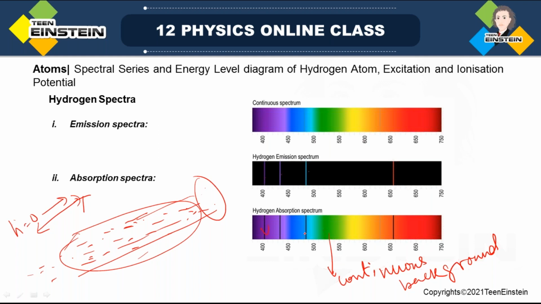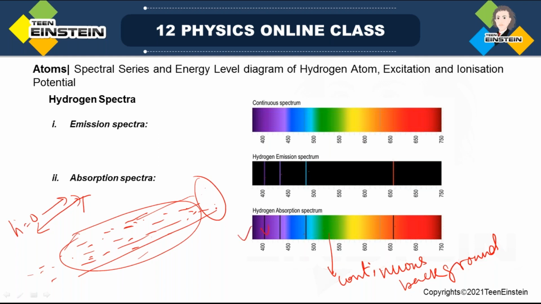This is because the atoms, the electrons of the gas, have absorbed the energy having frequency or wavelength this much only. So this is called absorption spectra.